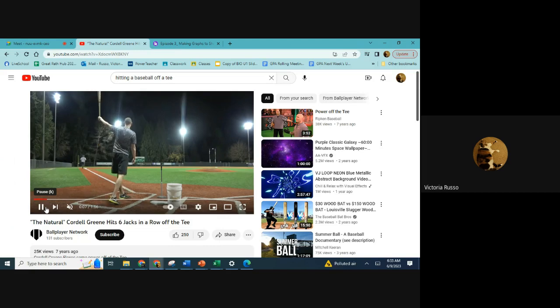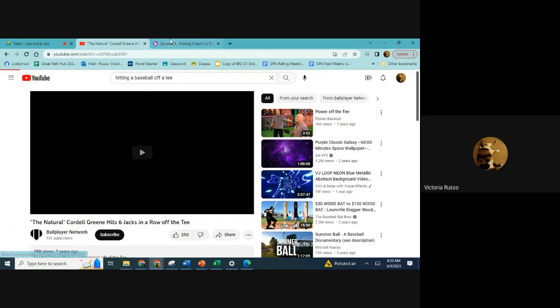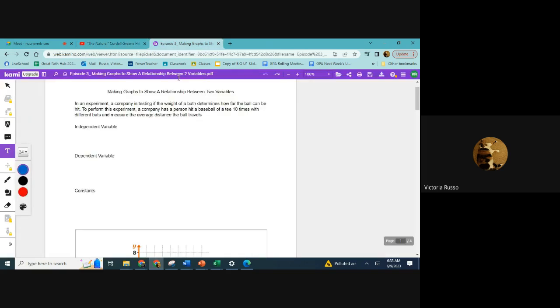And again, that's a pretty far distance. A tape measure would be difficult. In actual MLB baseball, they use Google satellite or Google data to map how far baseballs are hit by actual players during a Major League Baseball game. So that's sort of what we're investigating. Again, does the weight of the bat affect how far a ball can be hit?